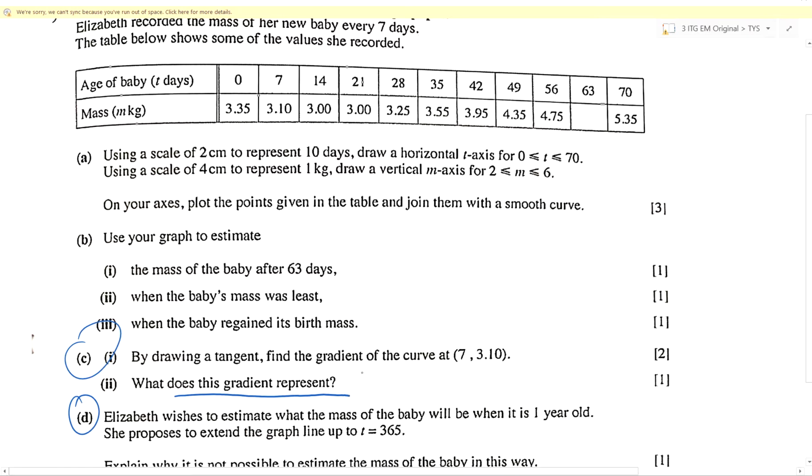The structure will look like this. It represents the rate of change of blank with respect to, please spell it out, with respect to our horizontal axis.